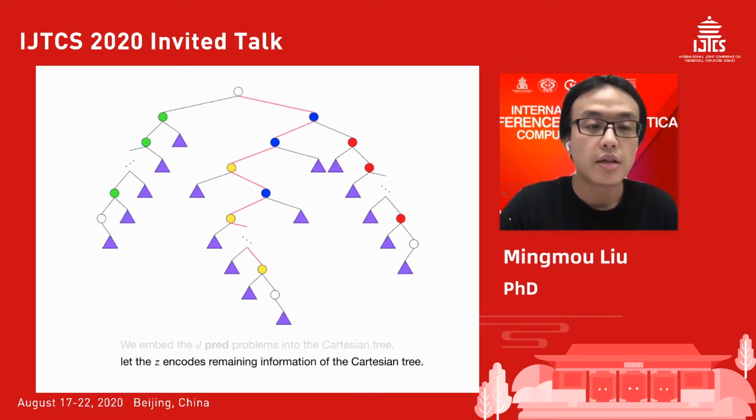Recall that the database for RMQ is one single binary tree, so we merge the D/2 small trees into one. Note that the LCA oracle still solves the predecessor search, since the merge does not change the in-order traversal. Then we let Z encode the remaining information of the tree.